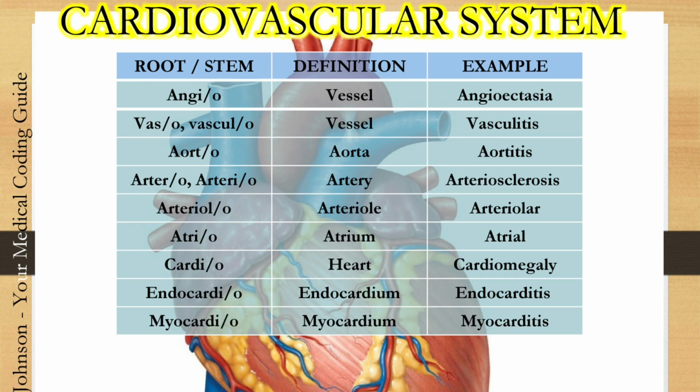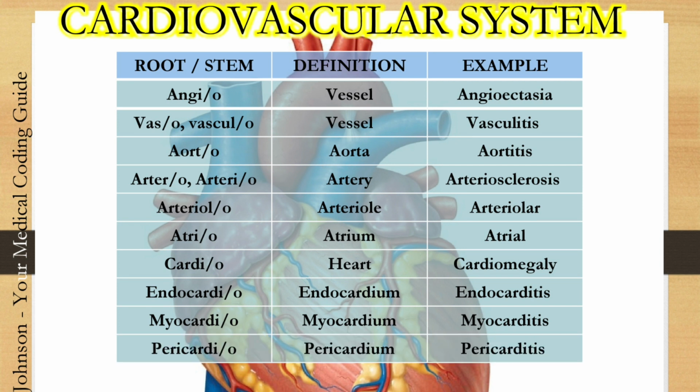The next one is myocardio. Myocardio means myocardium. So, you already know what cardio is, it is heart. So, what is myocardio? Myo is a prefix here. Myo means muscle. So, muscle of the heart, that is what myocardium means. Example, myocarditis, inflammation of the cardiac muscle, that is your heart muscle.